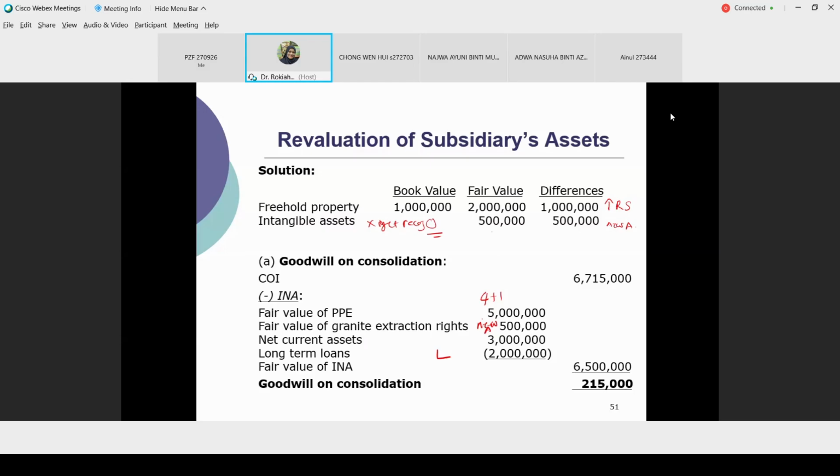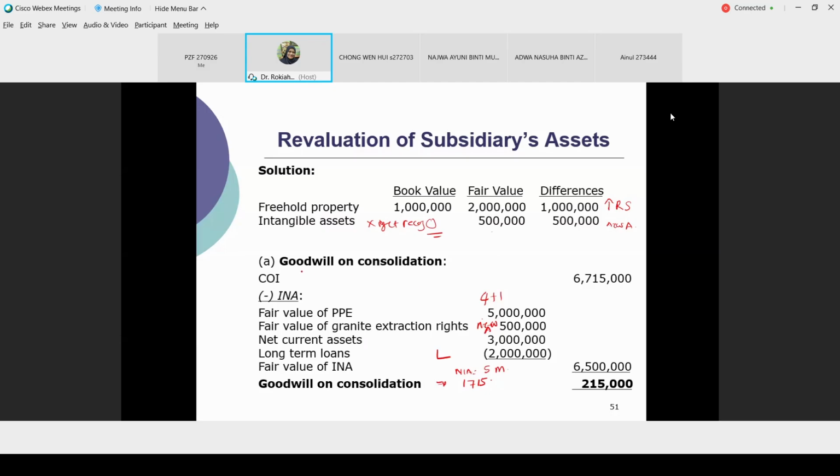If you compare with the previous example, example 2, your goodwill was 1,715. During that time, your net identifiable assets were only 5 million.